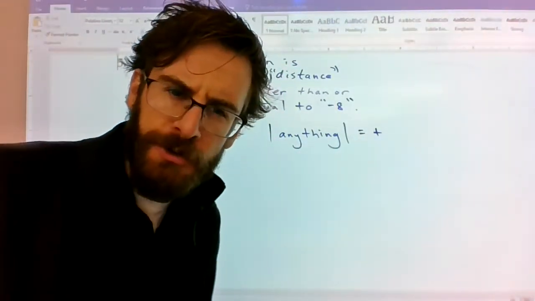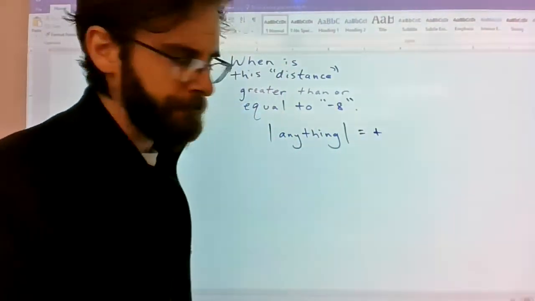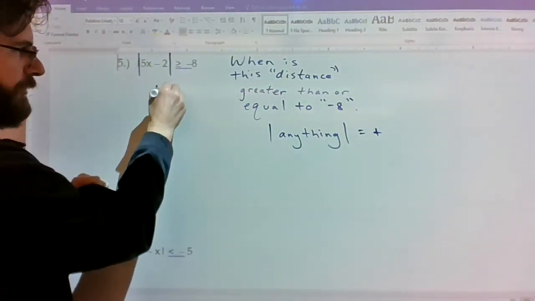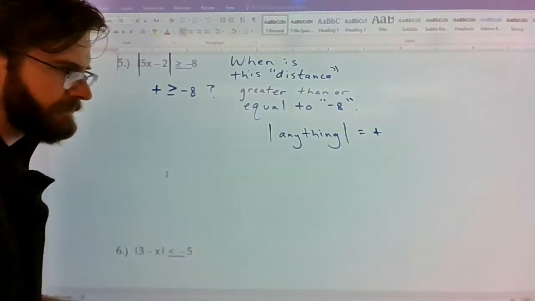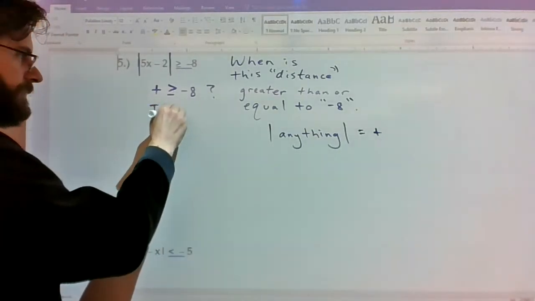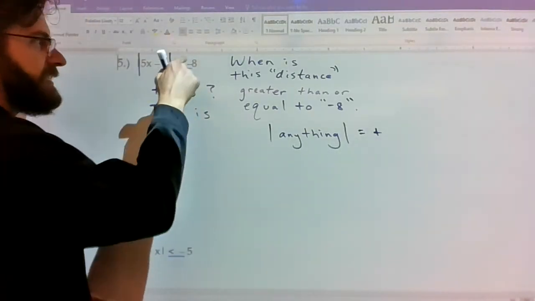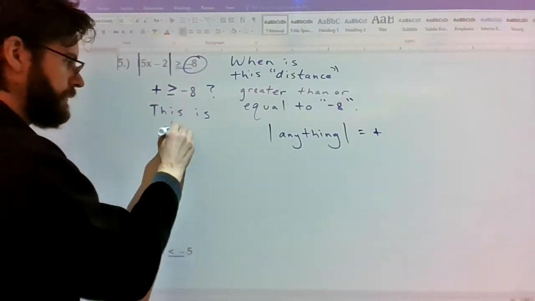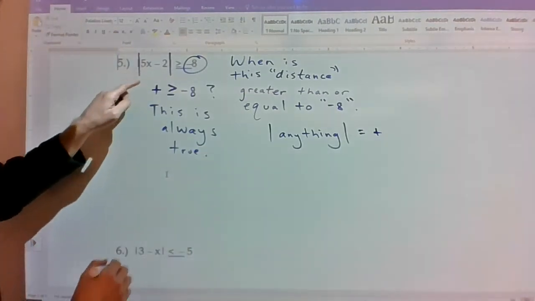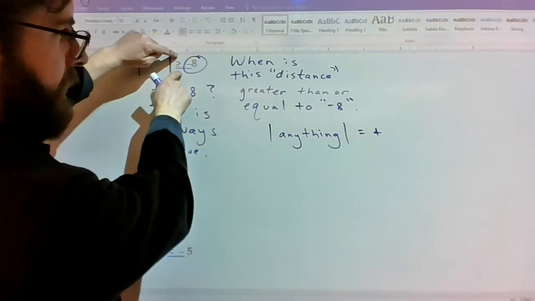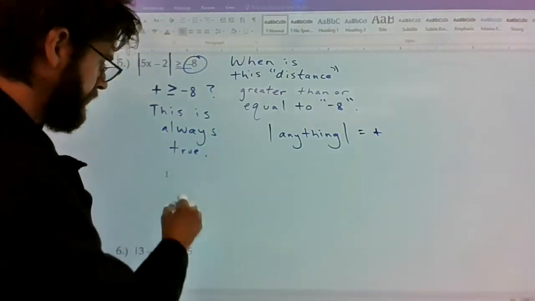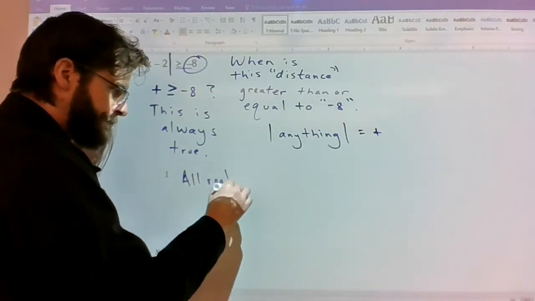I guess it could be 0 too, but let's just forget about that scenario right here. So the question is, when is a positive number greater than or equal to a -8? Everywhere. This is always true because of the negative and it's greater than. So if you see absolute values are greater than or equal to negative numbers, you got to say, yeah, that's true, always. So the answer would be all real numbers.